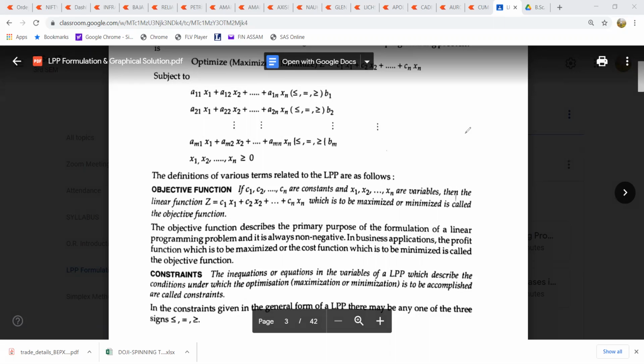It is of minimization, because you need to minimize the transportation cost. That will be our aim. So that is the main objective. What is your objective? Our objective is to reduce the transportation cost if it is your transportation problem.